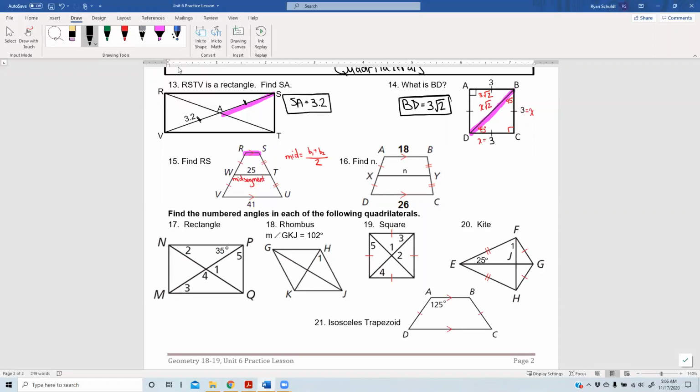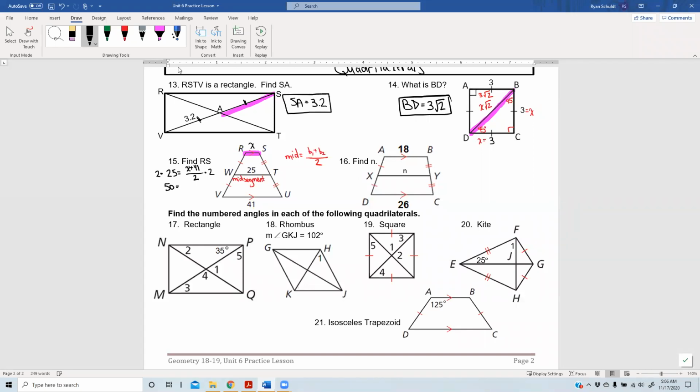I don't know what RS is, so I'm just going to call it x. If I set up my formula, I'm going to have 25 equals x plus 41 divided by 2. I don't like fractions, and I know you don't either, so multiply both sides by 2. 2 times 25 is 50.